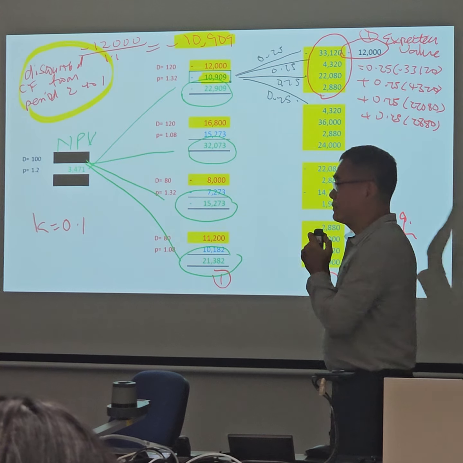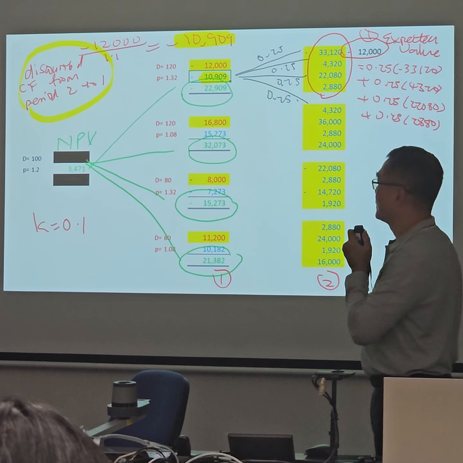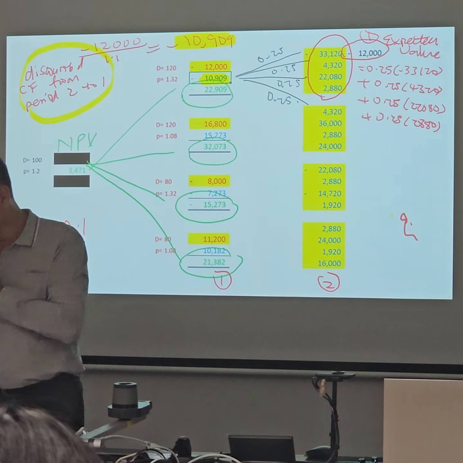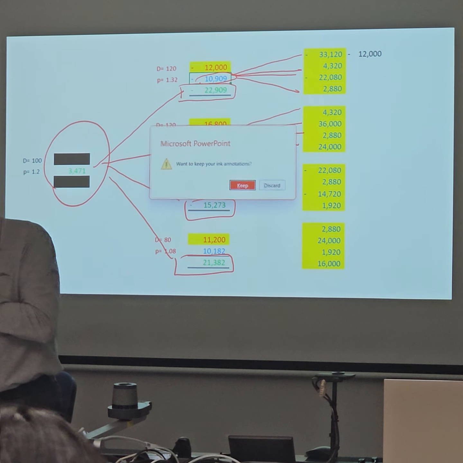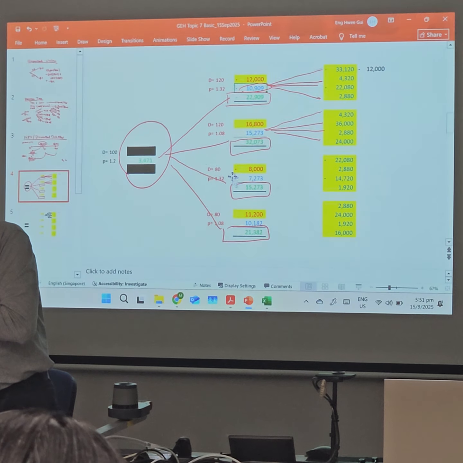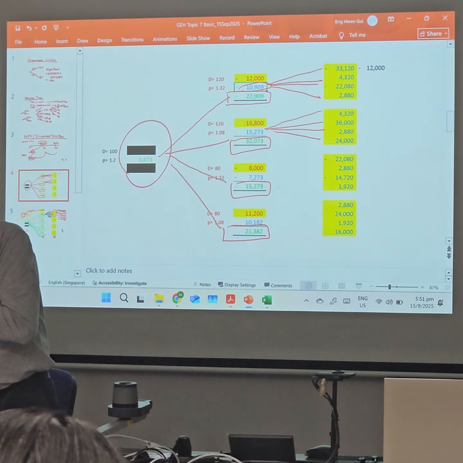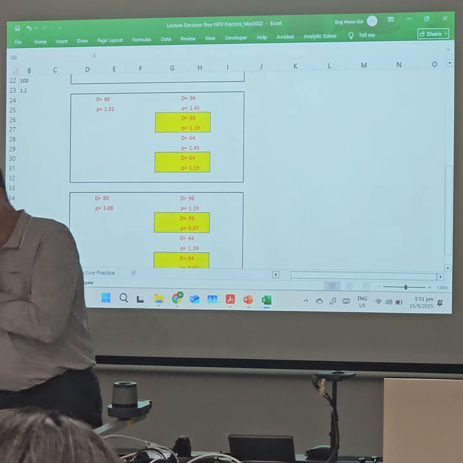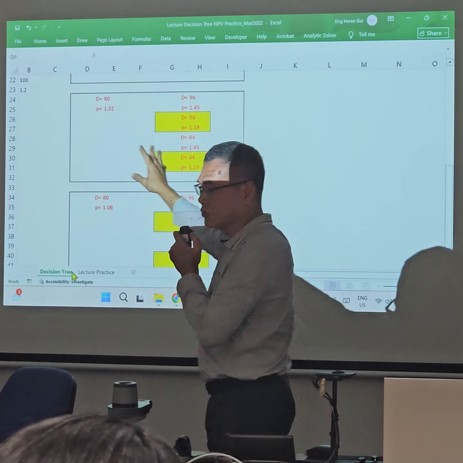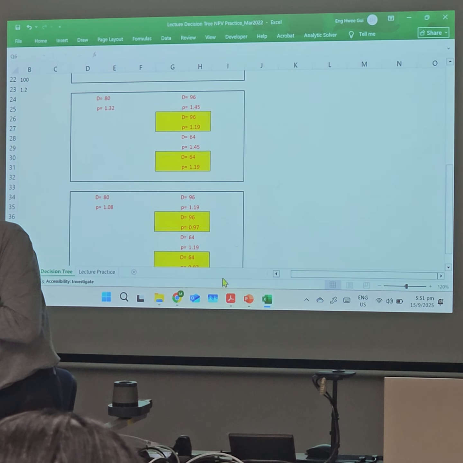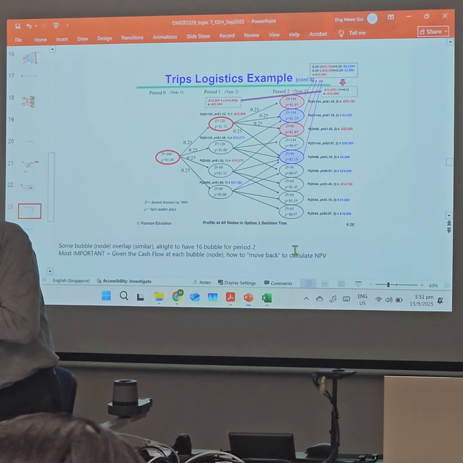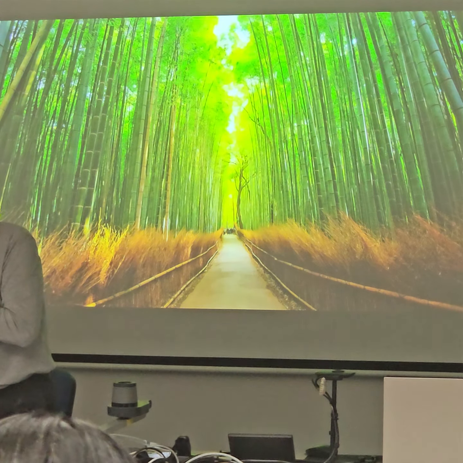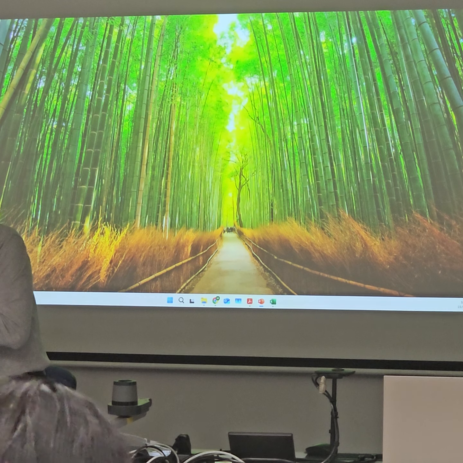For A3, you need to be able to do 2 things. The first thing is you need to draw out the decision tree. I leave you to draw it. If you go to the lecture notes, it's very complicated, but I'm basically going through the lecture notes.